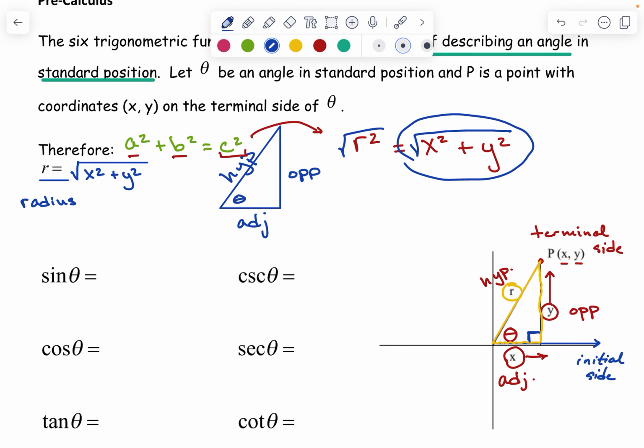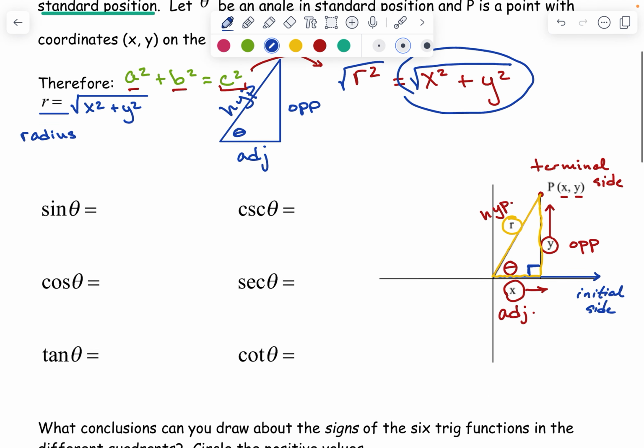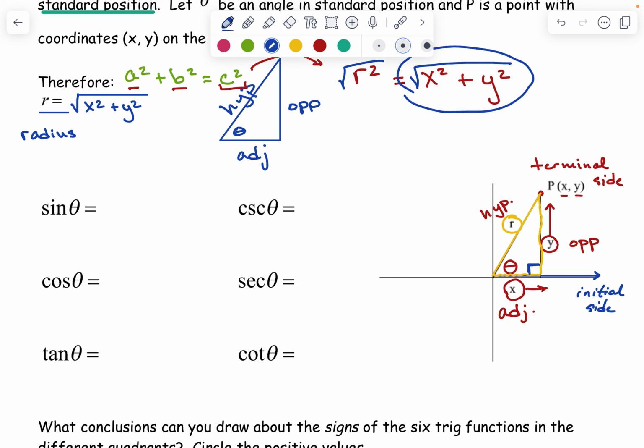And the unit circle. Using these new x, y, and r terms, we can take our sine, which we know is opposite over hypotenuse, and refer to it in a new way. From theta, our opposite side is y and our hypotenuse is r. Cosecant is the reciprocal of sine, so we flip it and get r over y.